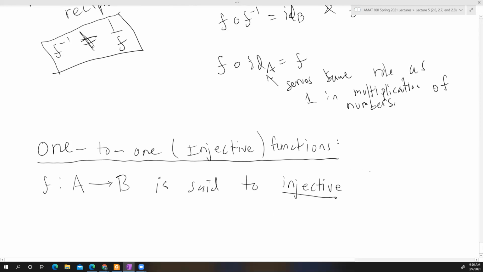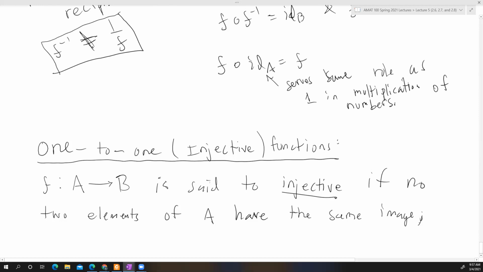Injective, or one-to-one, if no two elements of A, so no two elements in the domain, have the same image.